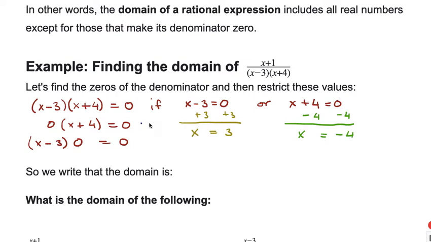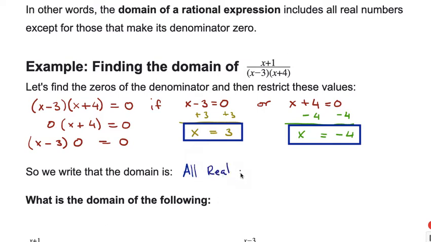Our two values are where the rational expression would be undefined. So let's take a look at defining that. We write the domain is the set of all values of x, or all real numbers, where x is not equal to 3 or negative 4.